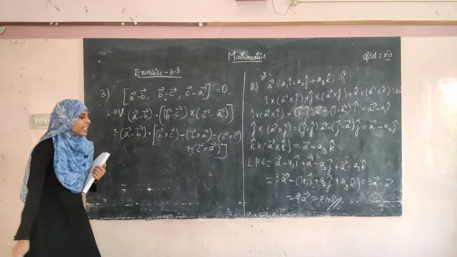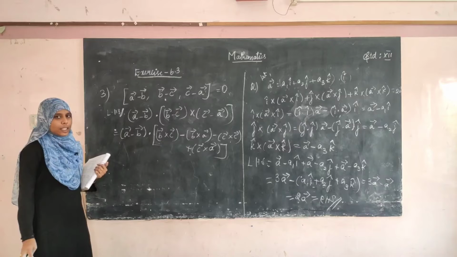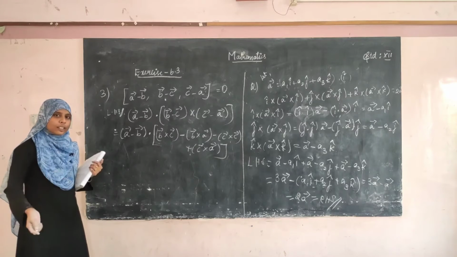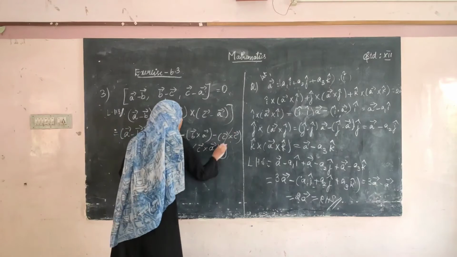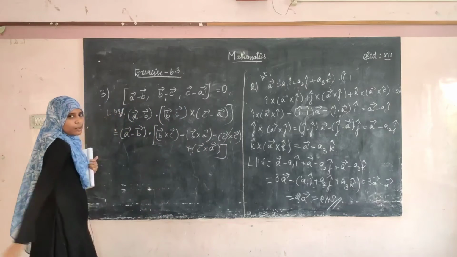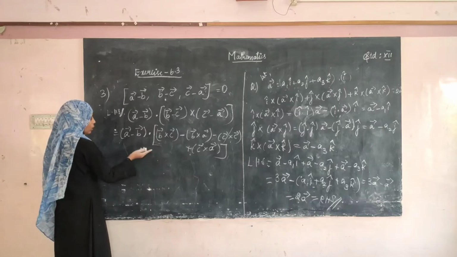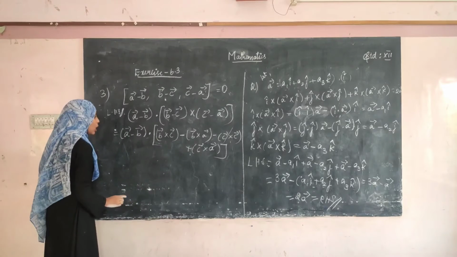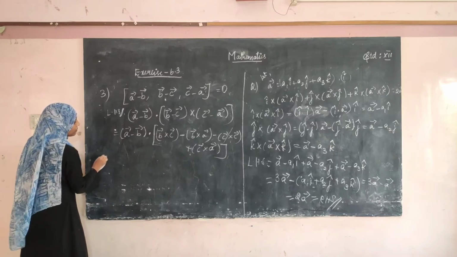Okay, see here, C vector cross C vector becomes 0. We know that C vector dot C vector means it is 1, C vector cross C vector means it becomes 0. So removing this term, you will be getting 3 terms inside the bracket. So now do the dot product separately.